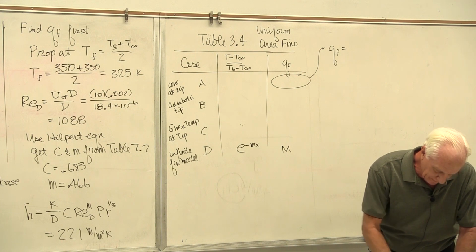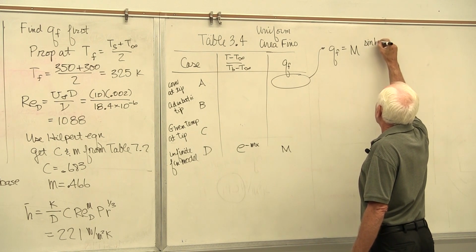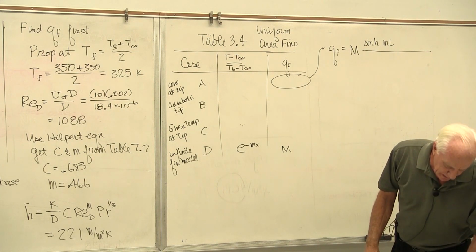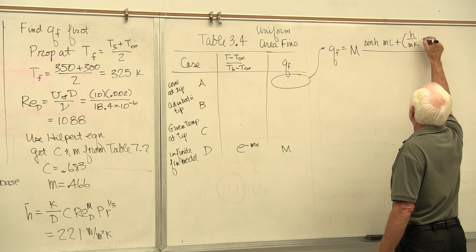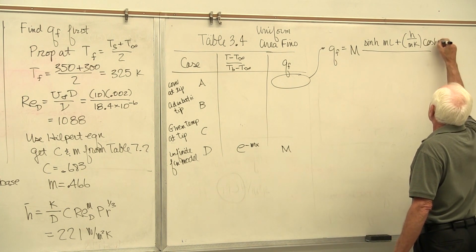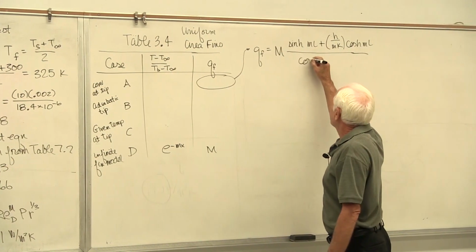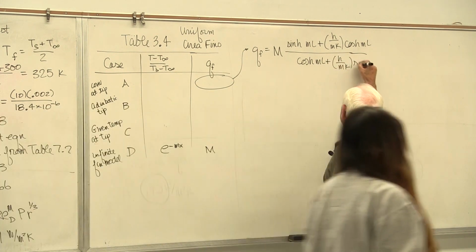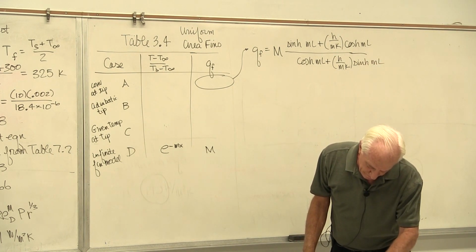Q fin equals capital M times hyperbolic sine ML plus H over MK times hyperbolic cosine ML, divided by cosh ML plus H over MK sinh ML.